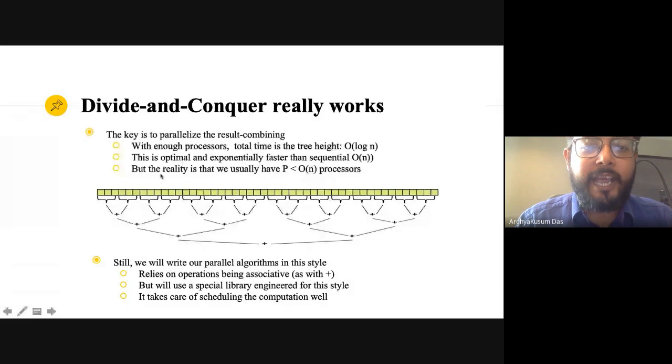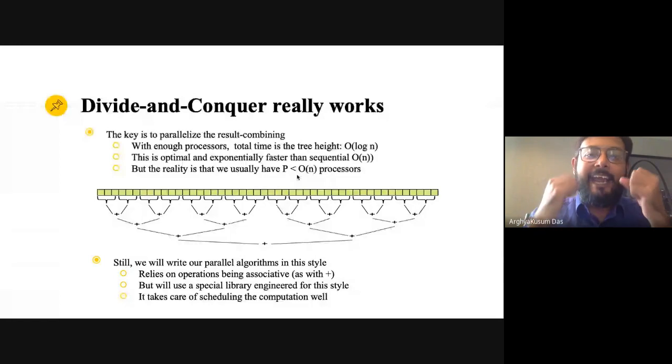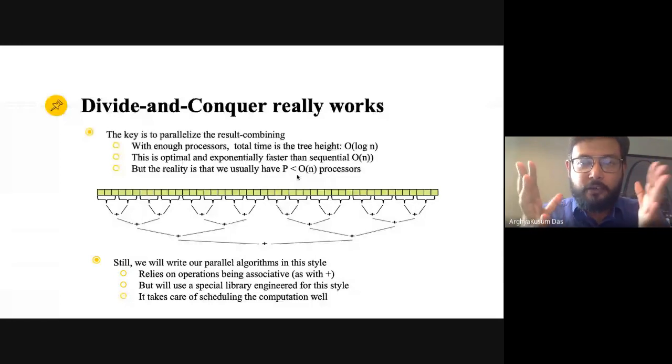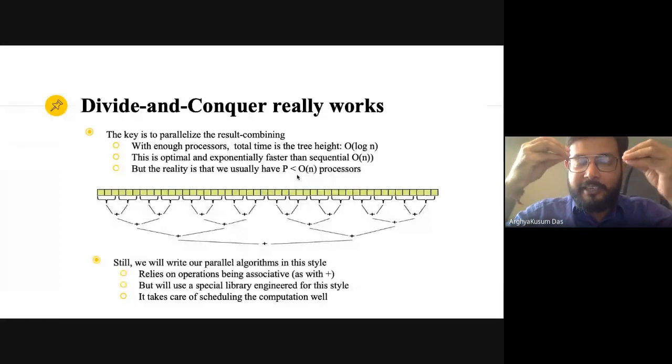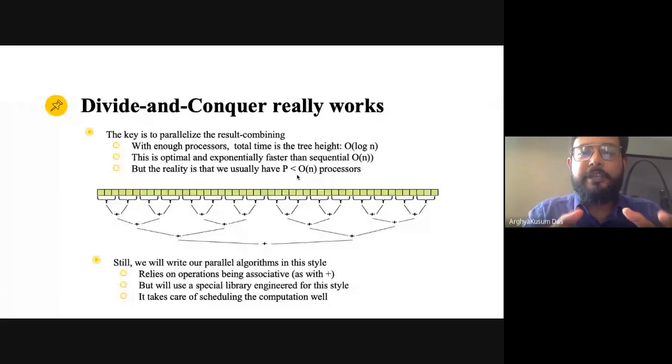But the reality is that we usually have p less than order of n processors, and we are not really sure whether it is order of log n processors or not. So when you are doing divide and conquer, make sure that you have a lot of elements, and at the same time make sure you have an appreciable amount of memory where everything can be stored.